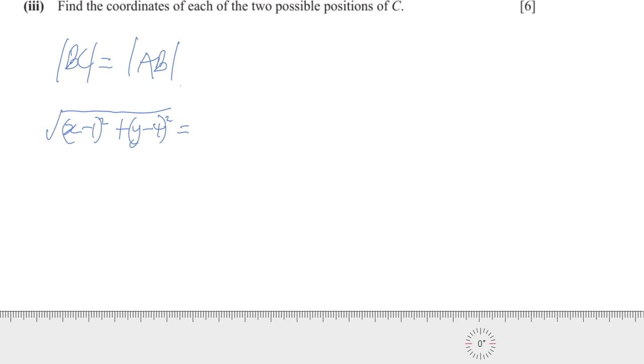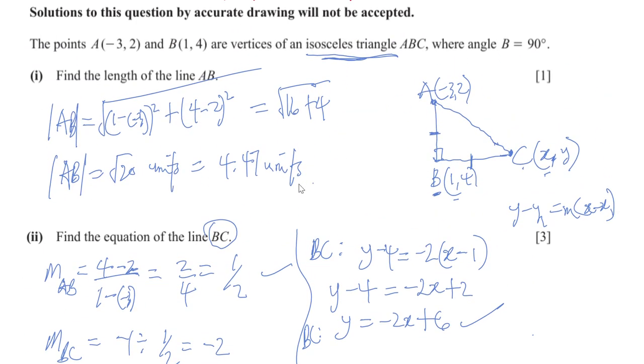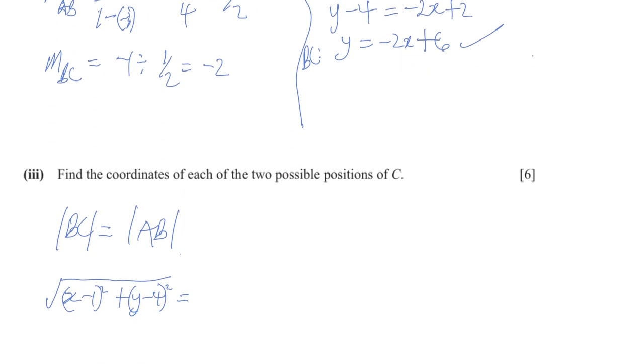And for the right hand side, length of AB is root 20.